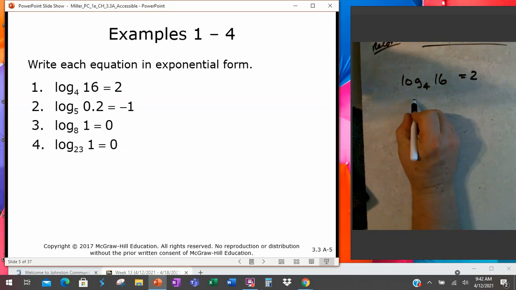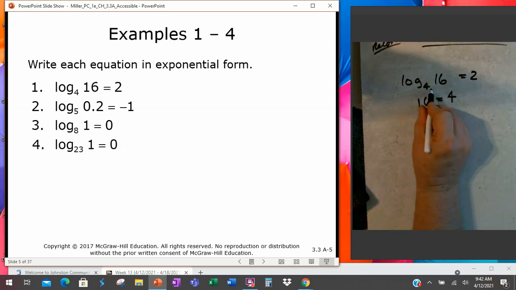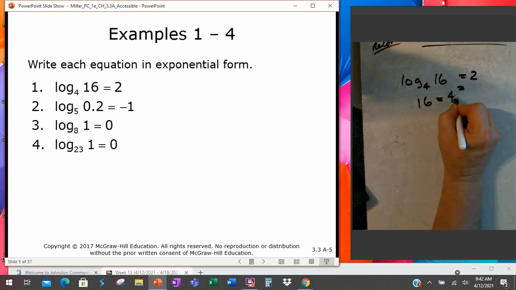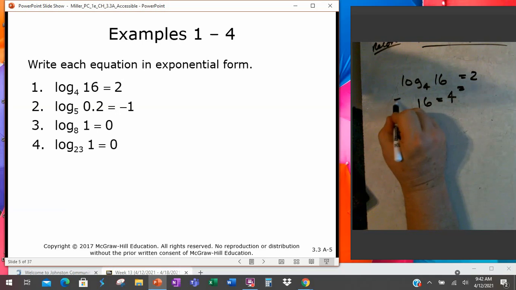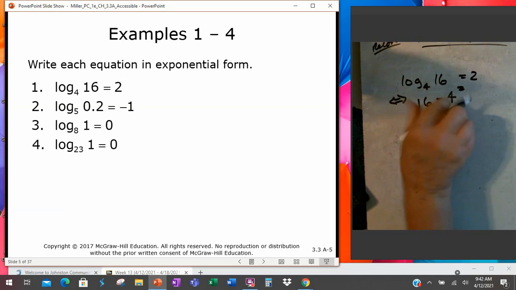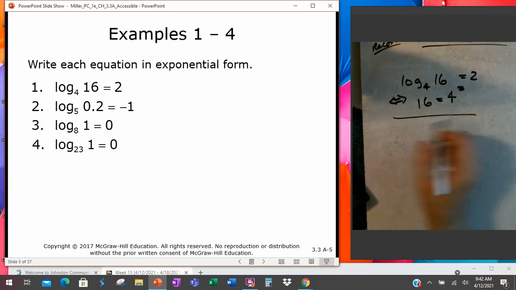I'm saying I want to represent 16 as some power of 4. What is it? 2. 4 squared is equal to 16. This is the equivalent relationship, and we'll go back and forth between these two as we run along. Okay, let's do another one.